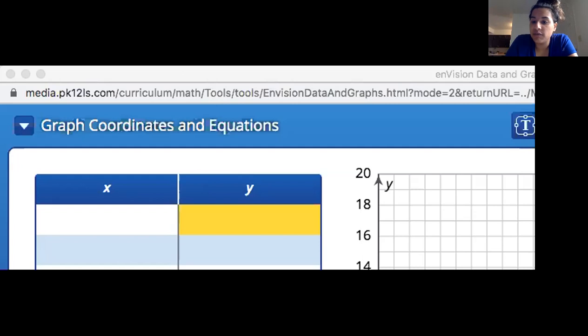Okay, so they already did the first box for us and they have 4. The second box, we could do 4 times 2, which is 8, or we just add 4. Okay, 8 plus 4 is 12. 12 plus 4 is 16. Okay, so now we completed the table. Now what we need to do is then generate ordered pairs.